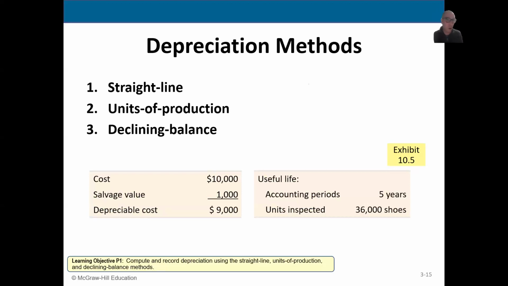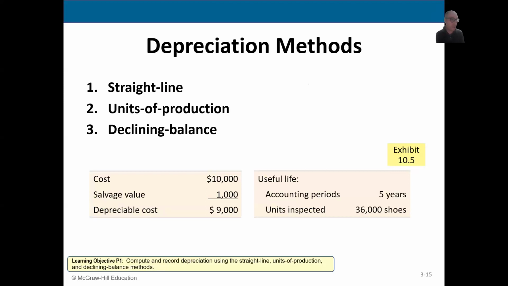The second method is called units of production. This is where we depreciate the asset based off of the number of units being produced by the asset, meaning number of products that the manufacturer is producing using those assets.